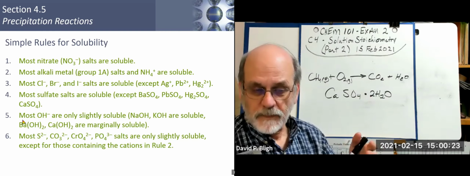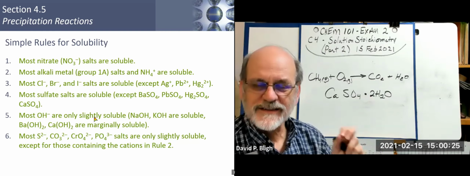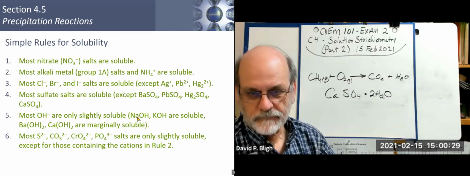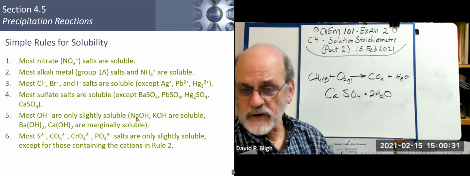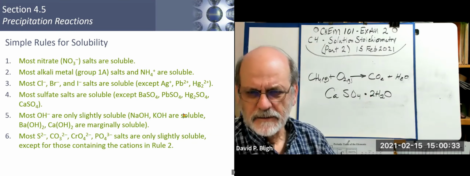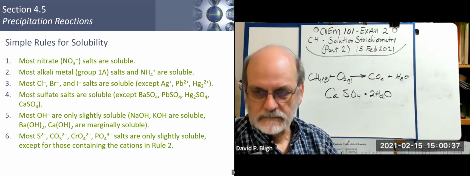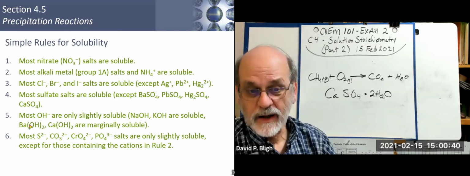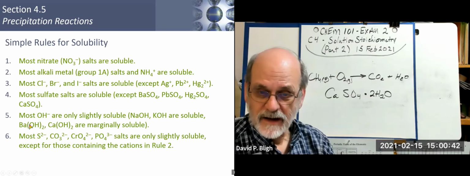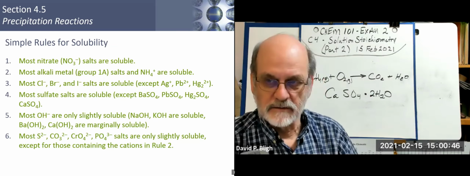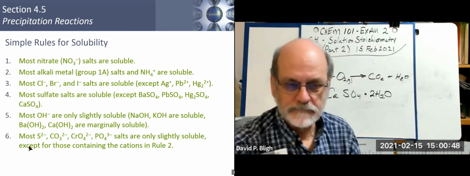Okay, most hydroxides are only slightly soluble, so they're basically insoluble. Sodium hydroxide and potassium hydroxide are definitely soluble, completely soluble, whereas barium hydroxide and calcium hydroxide are only slightly soluble, and we would consider them insoluble for our purposes now.